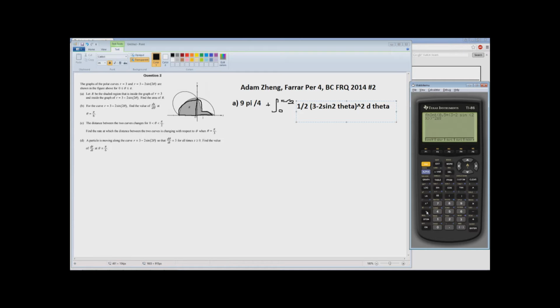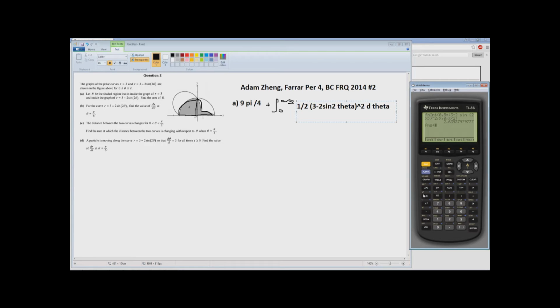And now we do a comma, and we say, okay, it's dx. And then now we enter the lower and upper bounds, which is 0 and pi over 2. Hit enter. And we get 2.639.